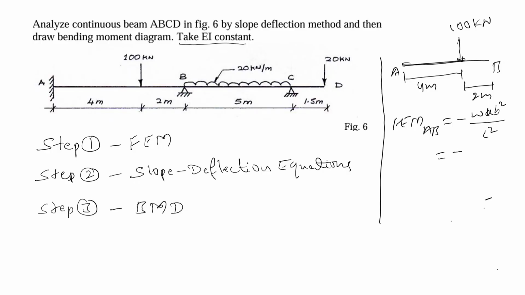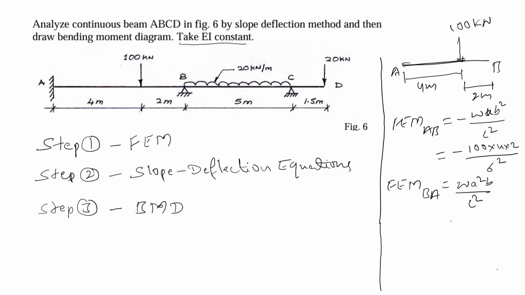That is equal to minus W is 100 into a is 4 and b is 2 divided by L is 4 plus 2, 6 squared. Fixed end moment B to A is equal to W a squared b divided by L squared.